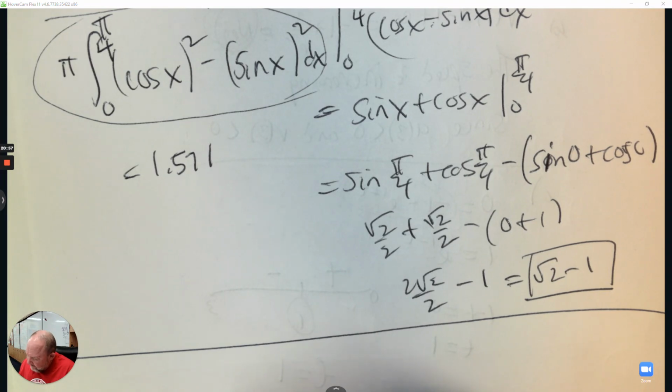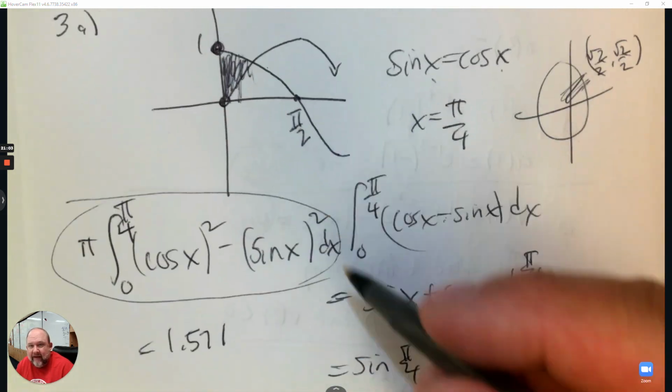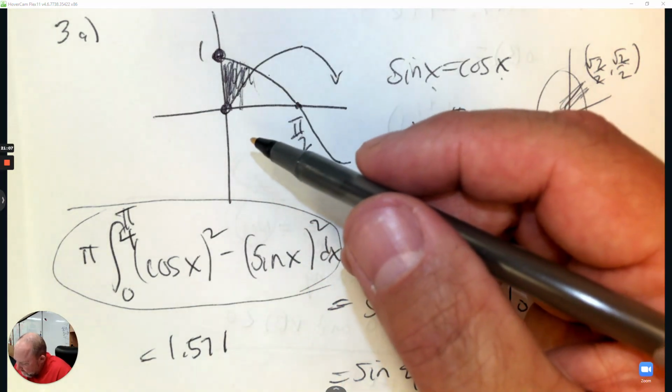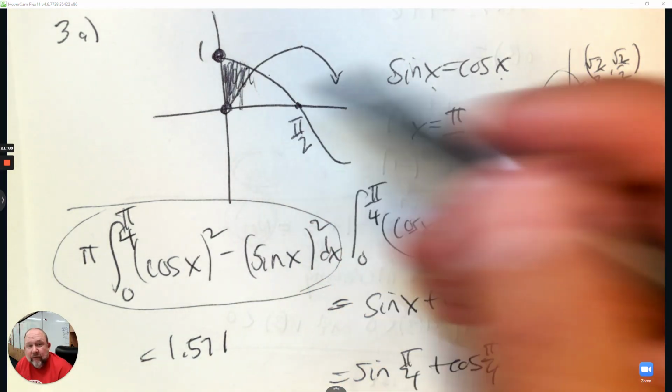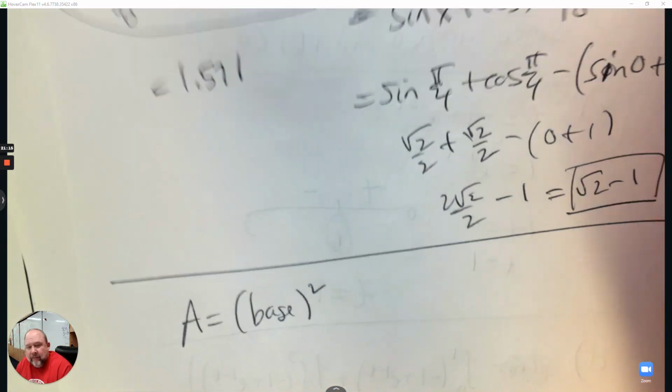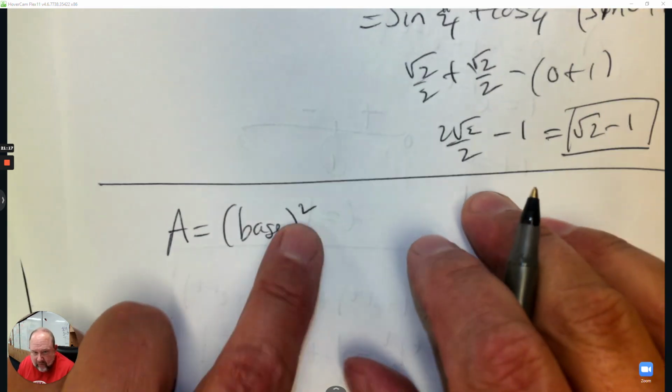One more. Find the volume whose cross sections cut by planes perpendicular to the x-axis are squares. So in order to do that, the formula for a square is you take the base and you square it.